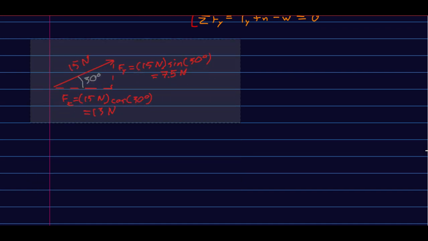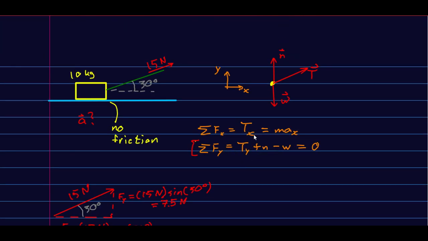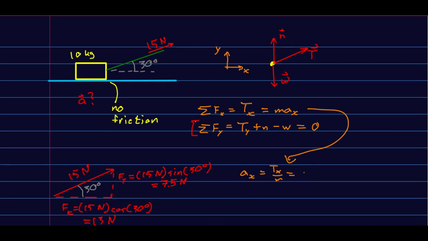All right, so there's the trig for T. And so now I can just solve for m a_x. a_x is just T_x over m, or in other words, apparently over here 13 newtons over 10 kilograms, or 1.3 meters per second squared. And so now I'm done. The acceleration points right, and it's 1.3 meters per second squared.